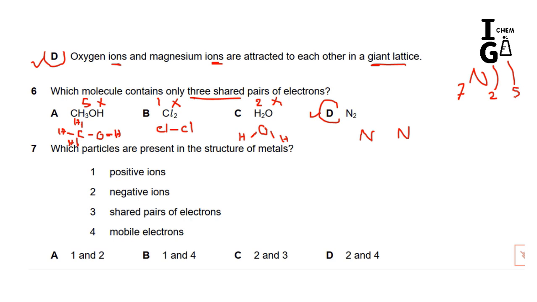It means we have 5 electrons in the outermost. It means every N has 5 electrons, so 1, 2, 3, 4, 5. And here we have 1, 2, 3, 4, 5. So you see, guys, here we have 3 shared pairs of electrons between them. So actually this is the correct answer, and you have to memorize and remember this regarding N2.